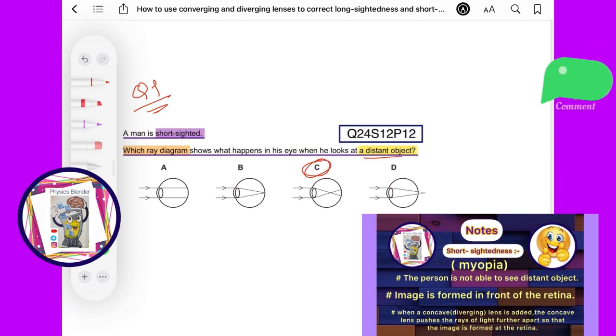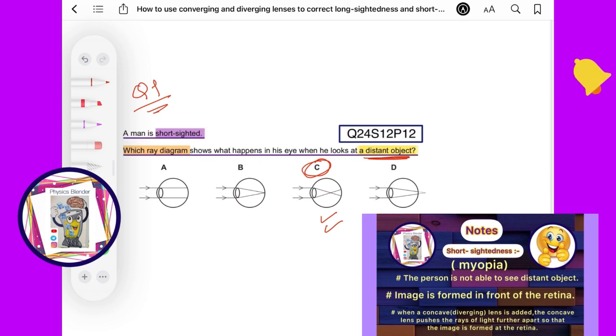So a distant object: this person will not be able to see a far away object clearly, because the light rays will not intersect at a certain point at the retina. So this will be the case.